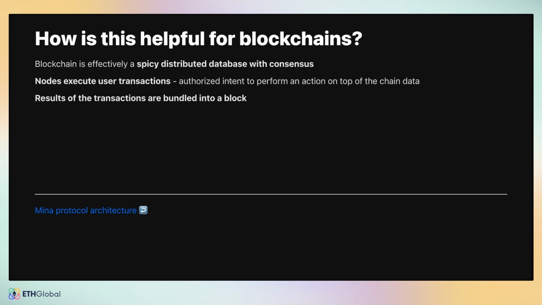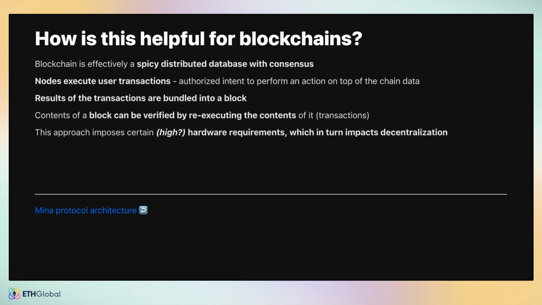These transactions are then bundled into a block, executed. You have state transitions coming out of them, and then you have the new state of the chain after the block has been produced. If you want to verify the block, you have to rerun all of the transactions. This is the case for basically any non-recursive proof blockchain that is out there.